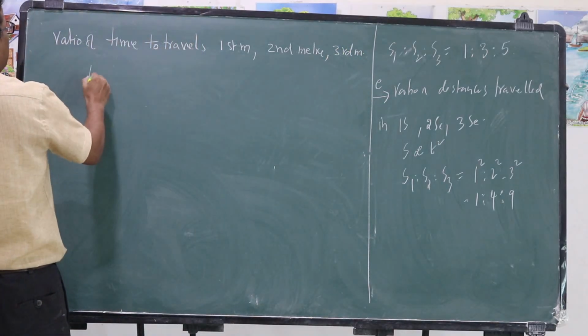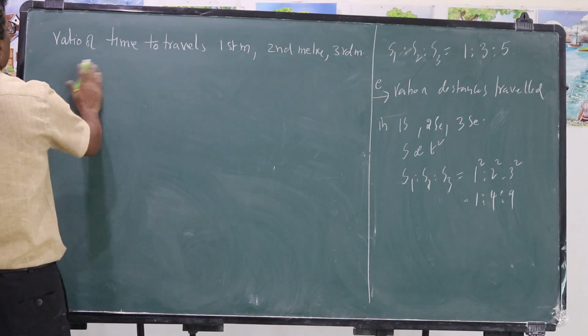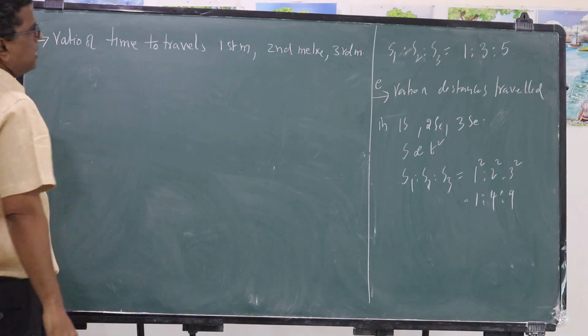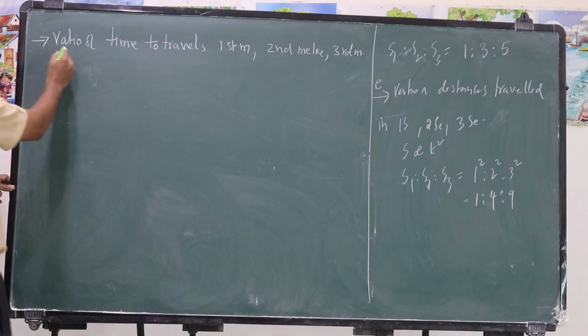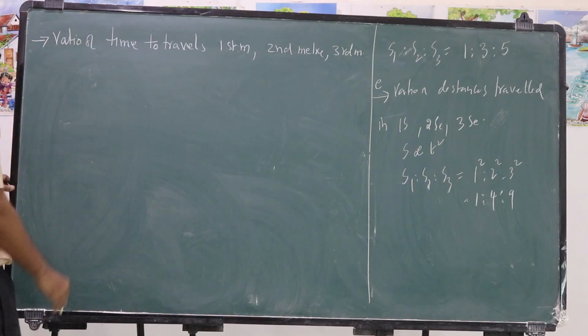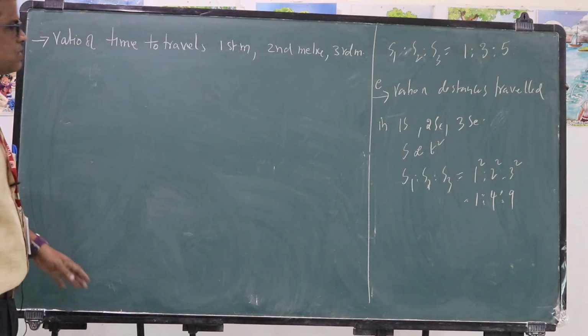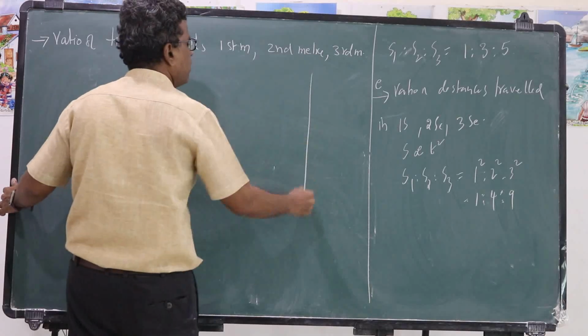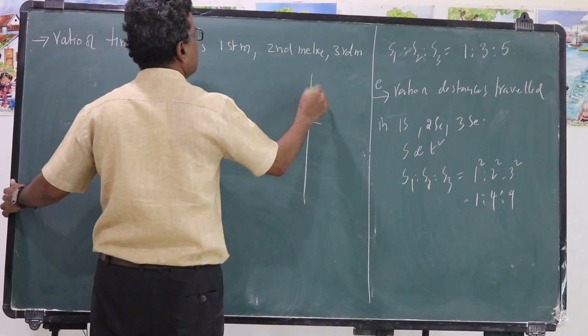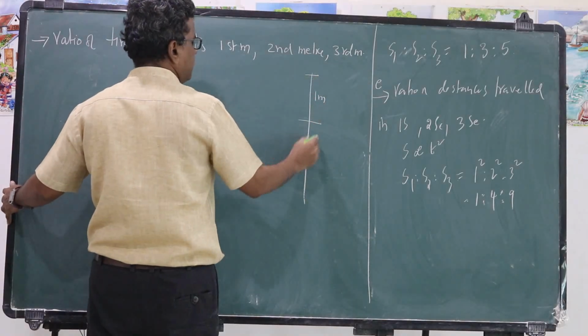Ratio of times we want. So for this question, we want the ratio of time to travel the first meter. This is a freely falling body.